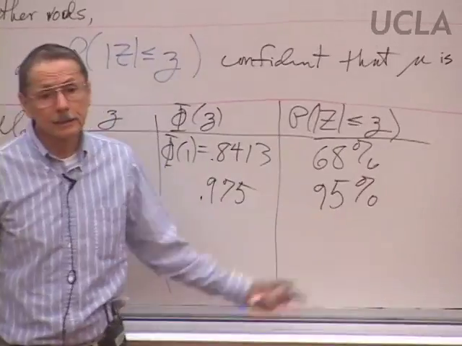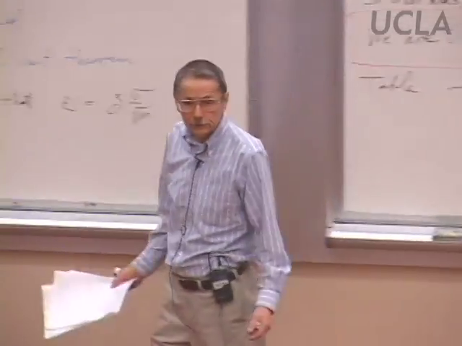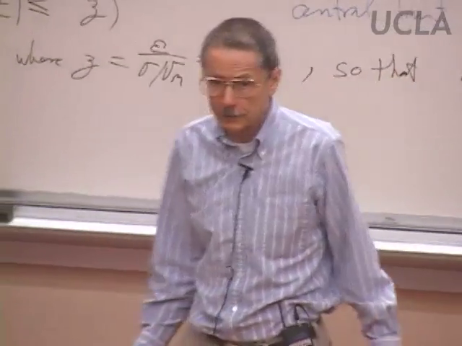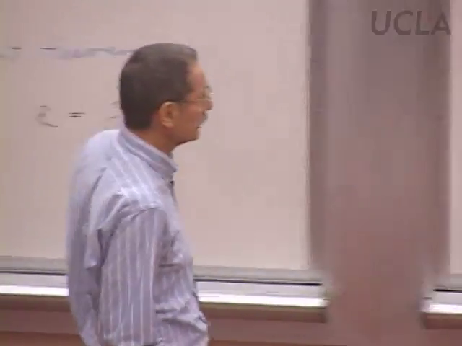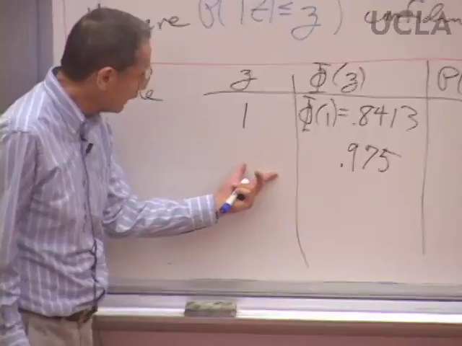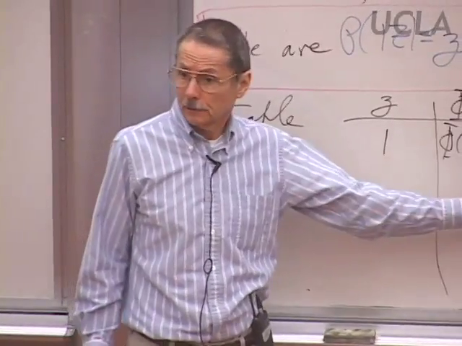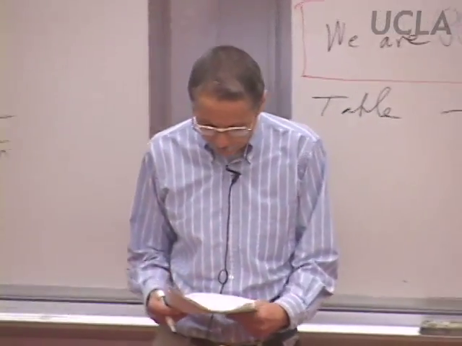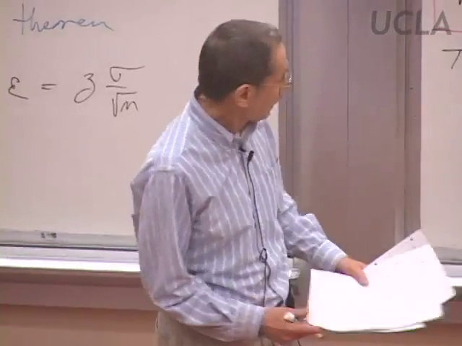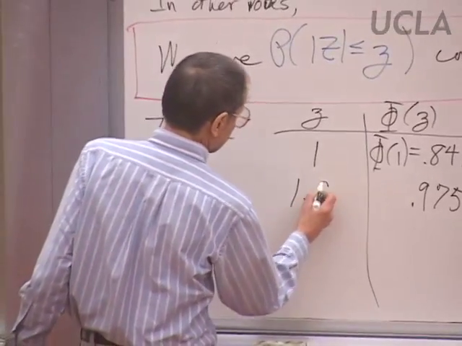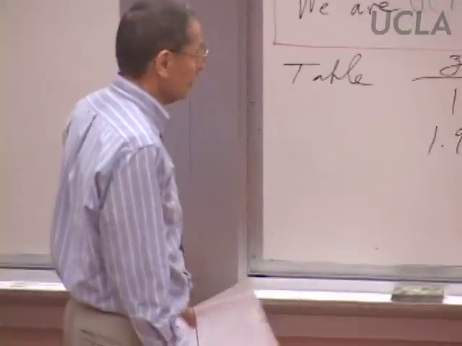If this area in the middle is 95%, the two tails account for the other 5%, 2.5% each. And so we look in our table, what number gives phi value of 0.975? 1.96 comes closest.